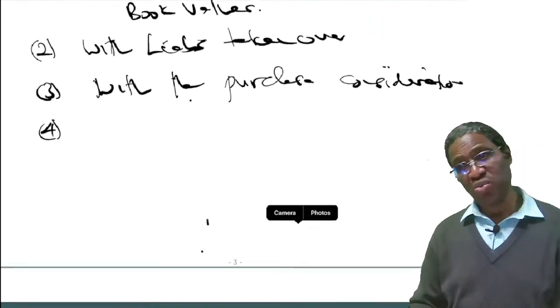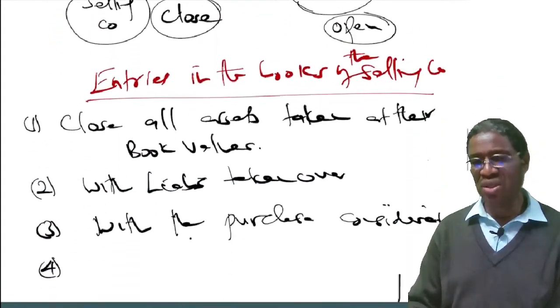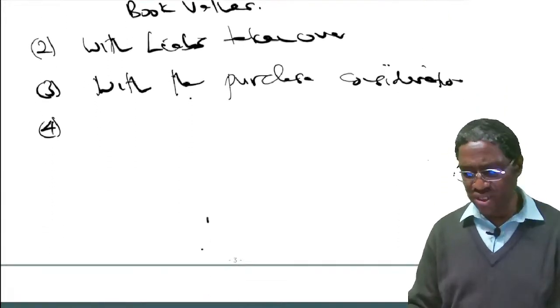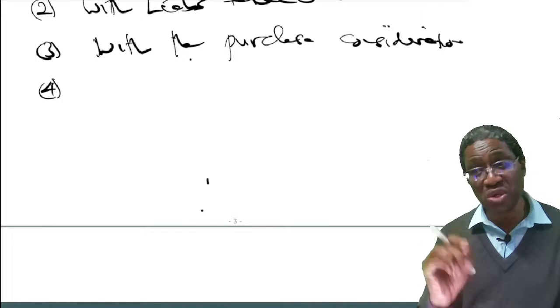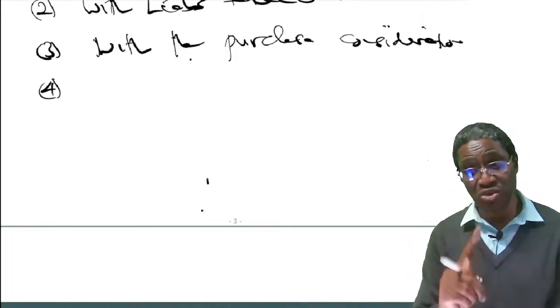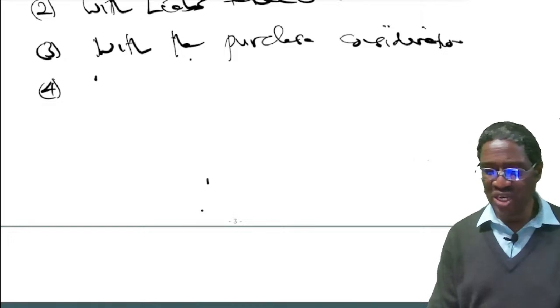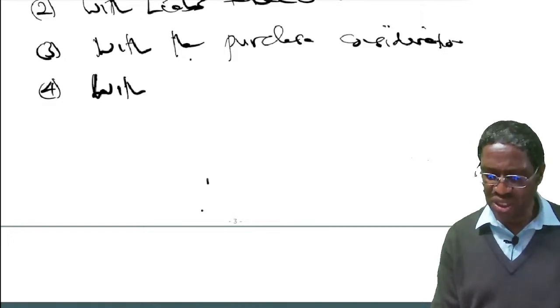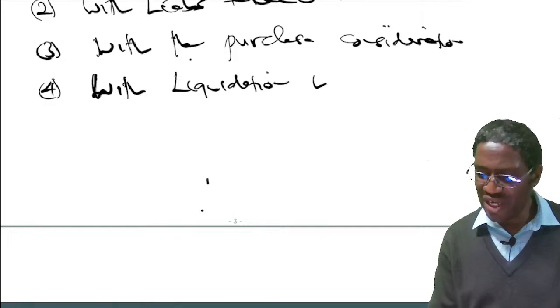Of course, when you are liquidating yourself, there could be cost of liquidation. It is your responsibility as company A to liquidate yourself, so that you sell your business to company B. So with the liquidation expenses, we are saying number four, with liquidation expenses.